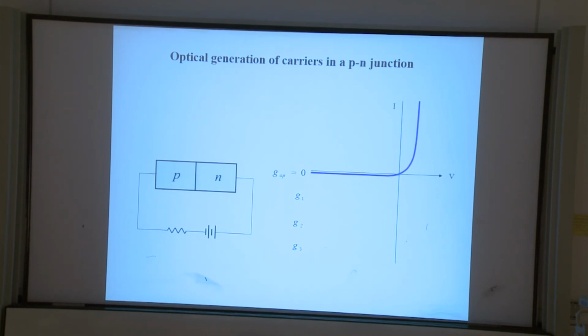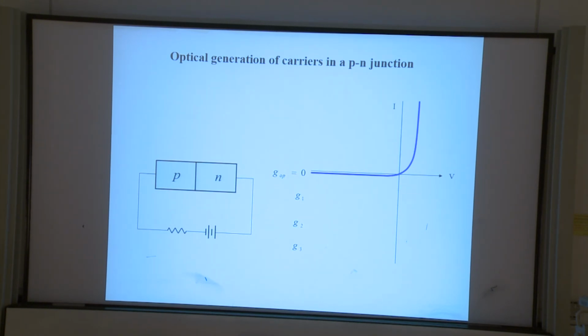Okay. So now we are drawing this diagram. When this is only biased, the curve will be something like this, right? Without optical generation of electrons.